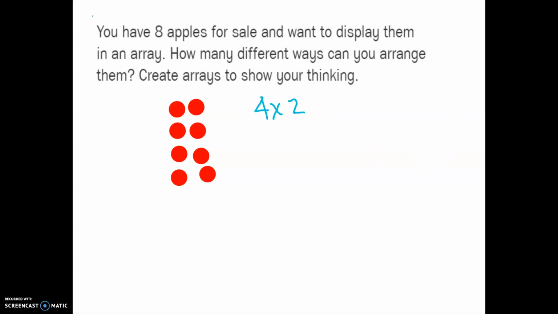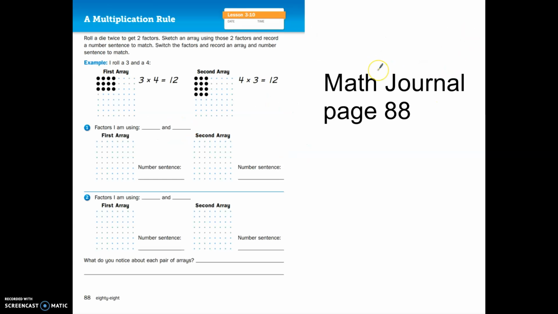But I could do 2 rows of 4, and then my number model would be 2 times 4. This is an example of a turnaround fact, because 4 times 2, if I turn my array around, I could have 2 times 4.